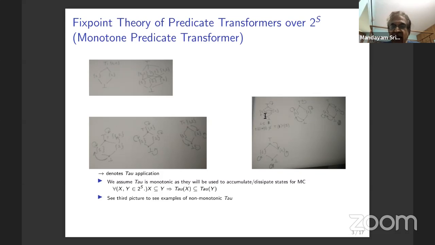Arrows going sideways like this don't satisfy the monotonicity requirement. The chains you get when tau is not monotonic are shown on the right side.